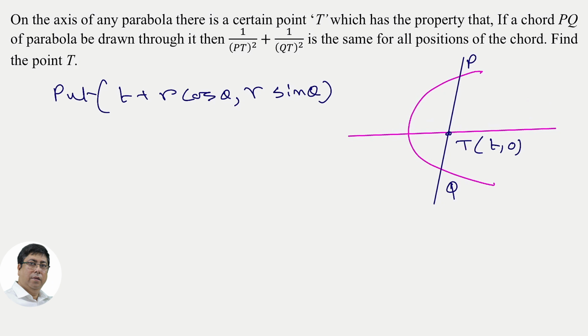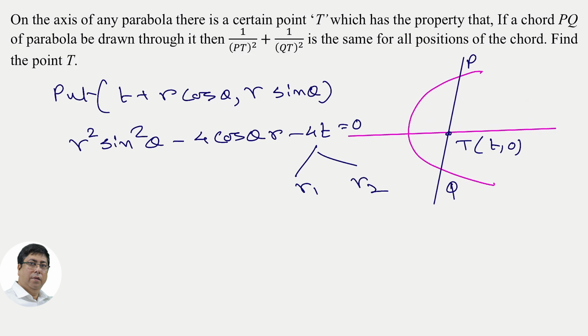We are getting R square sin square theta minus 4 cos theta R minus 4t equal to 0. It has two roots, R1 and R2. So, suppose R1 equal to PT and R2 equal to QT, or you can say it is to be minus QT also.